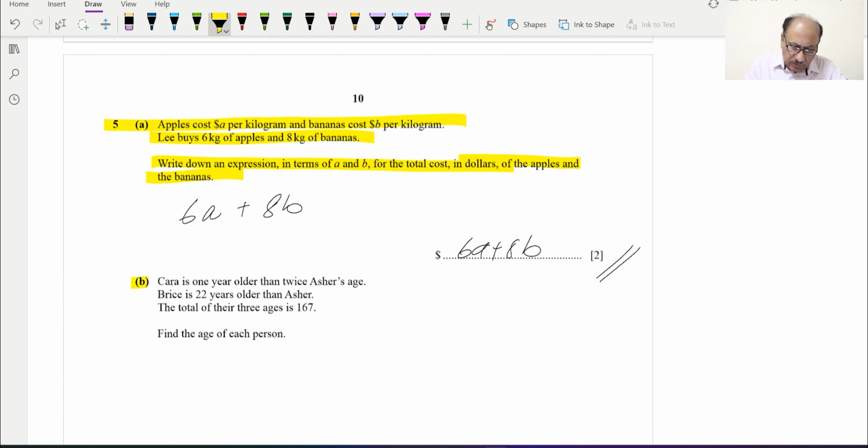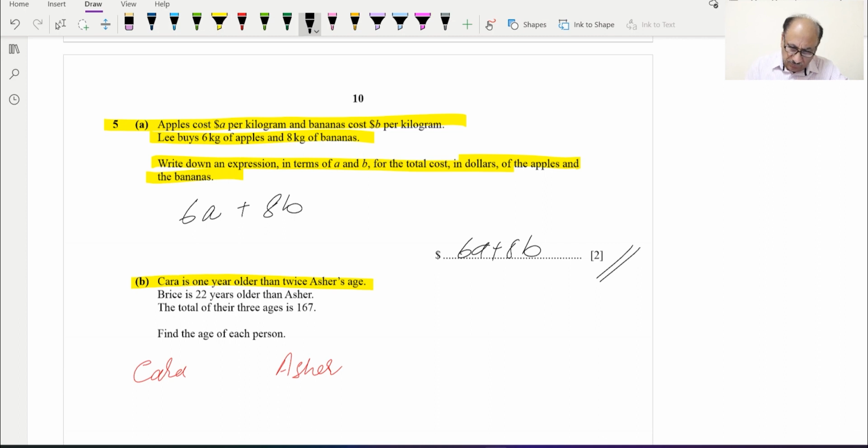Now B part, Kara is 1 year older than twice Asher's age. So we can write Kara like this, and then we can write Asher, and this one is twice.